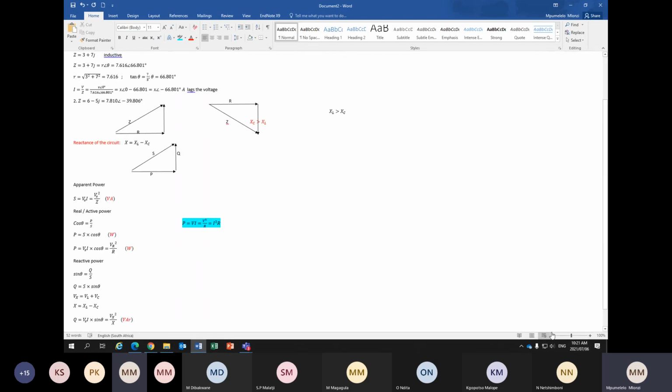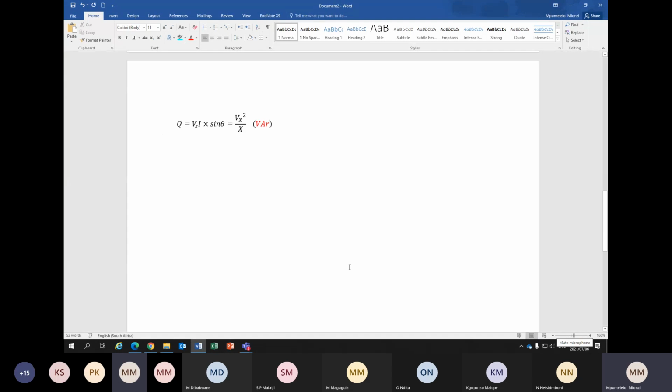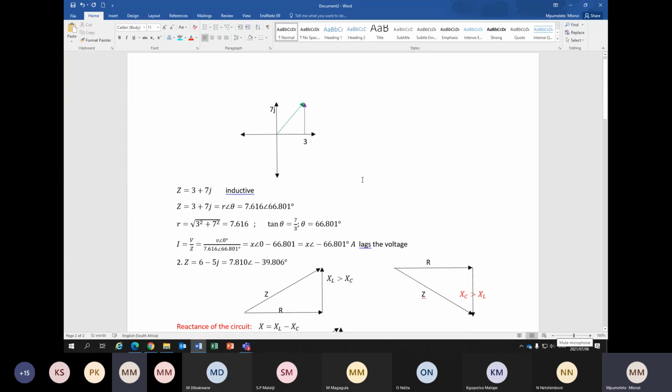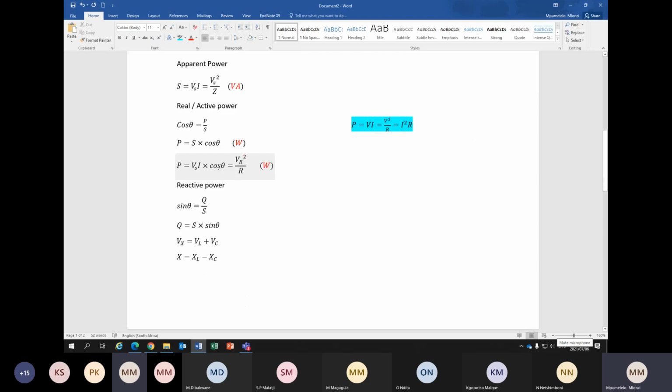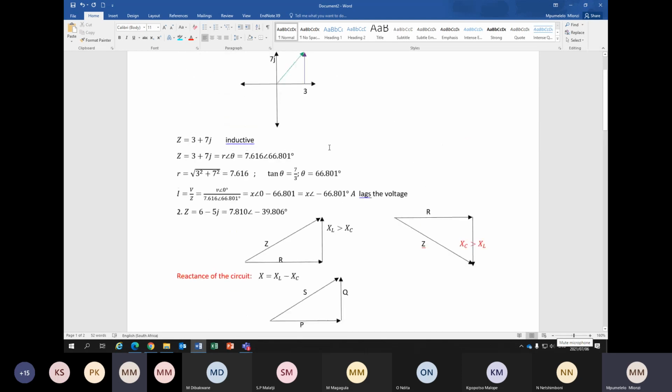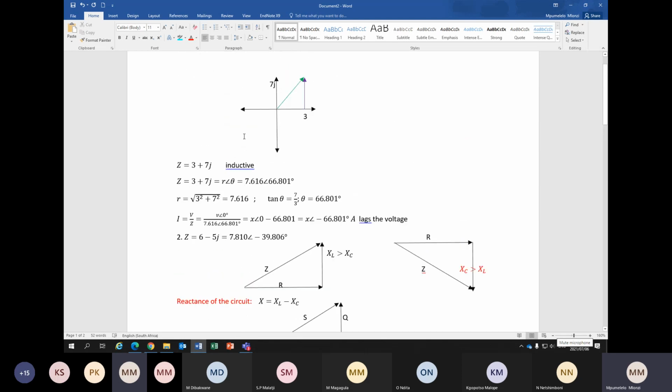But the question might be, in terms of this theta, which angle are we using? Looking now at this example where you have the impedance, which is 66.801, the current, which is negative 66.801, the voltage, which is at 0 degrees. We have three angles.